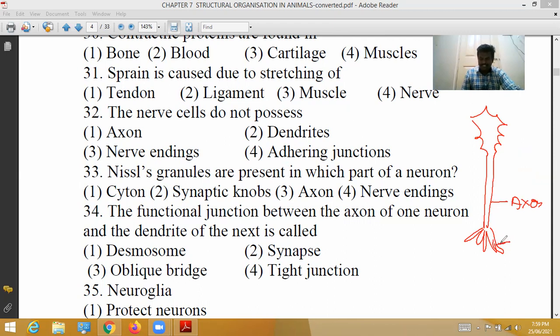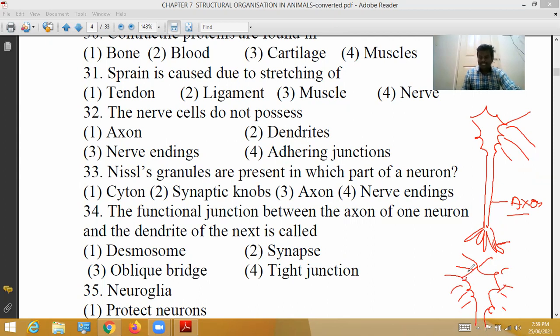These are dendron terminals of another neuron.